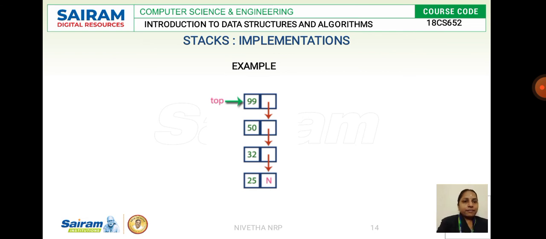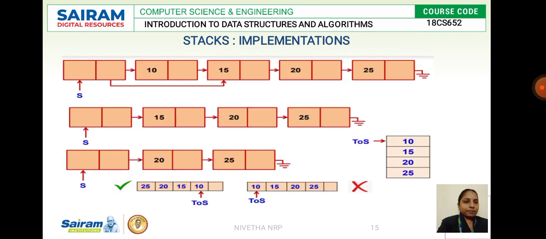See here, we have 99, 50, 32 and 25. The first element is 25, and 25 will be holding the address of 32, 32 will be holding the address of 50, and 50 will be holding the address of 99, and your top element will be at the top of stack. This is how I insert an element using the pointer implementation of a stack. First I have to create a node, and with that node I insert an element.